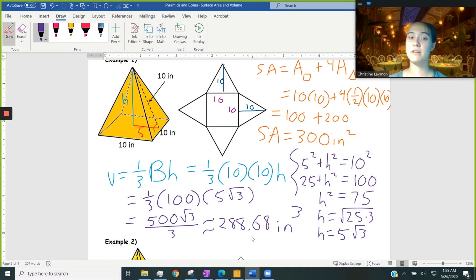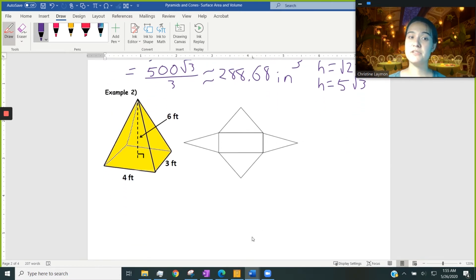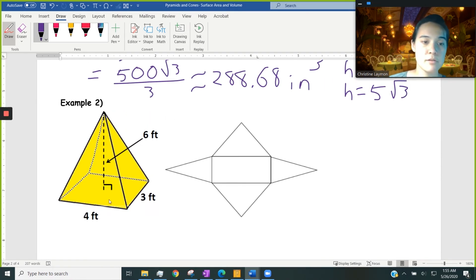Let's try the same thing for this next question. This one is a rectangular pyramid. Notice that over here, I have dimensions of 4 and 3, and I have this 6 here. I'm going to have to do several things with this.